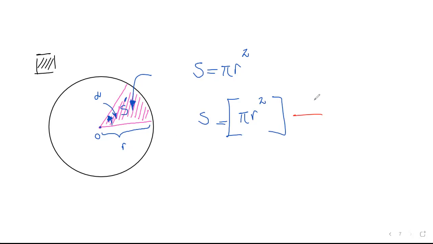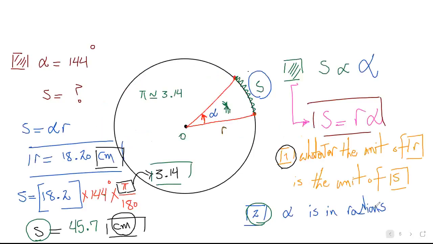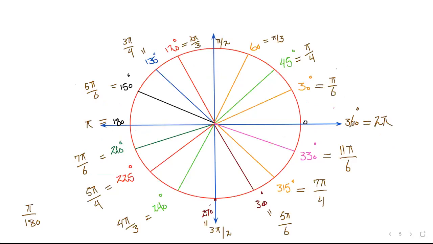If alpha is taken as a whole, we have 2 pi radians of the whole circle, because of what we learned in the previous slide. We said that 360 degrees is essentially 2 pi radians.